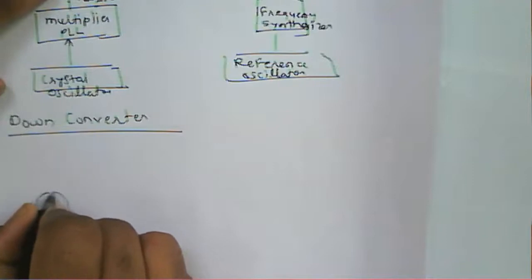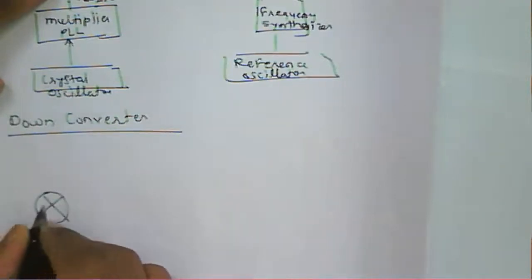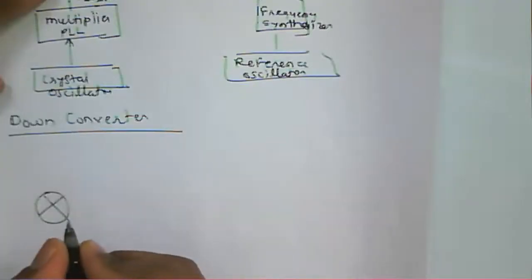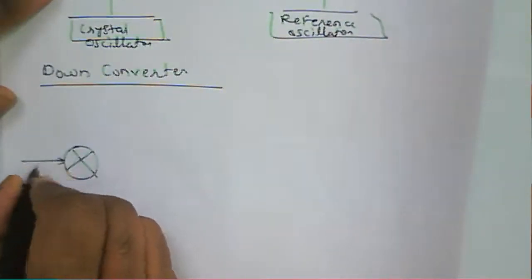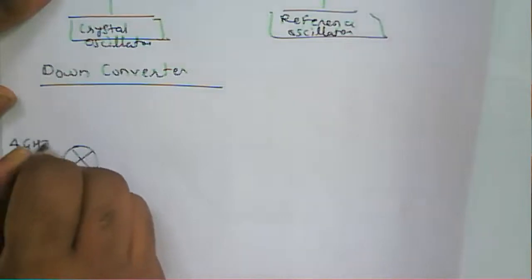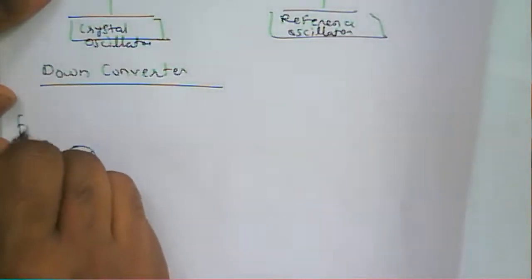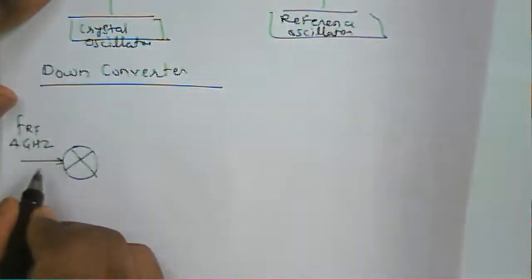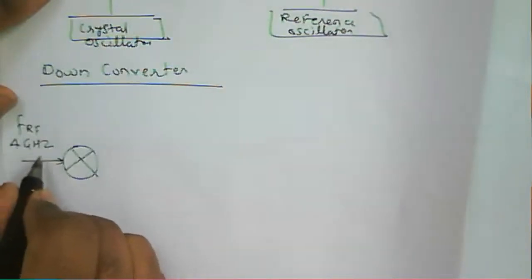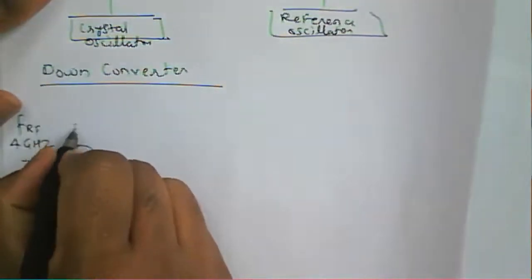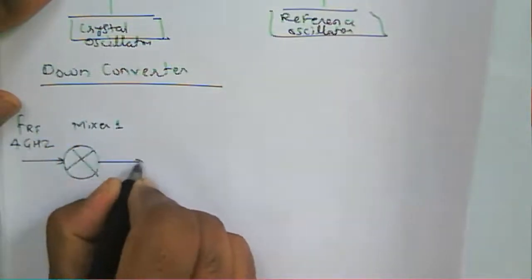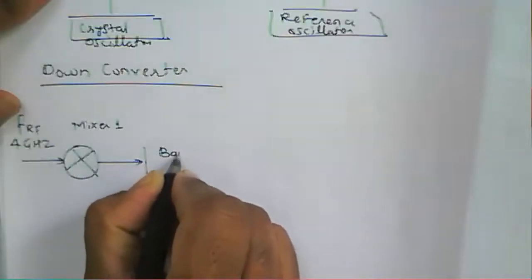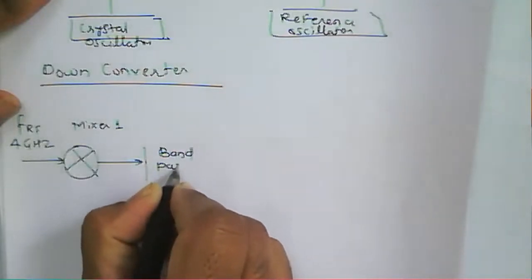So now I am going to draw here a double conversion down converter instead of a single conversion there. I'm just considering double conversion because the FRF that is coming is a downlink signal. It has 4 gigahertz of a downlink signal. Then we use a mixer one here. We have a band pass filter.